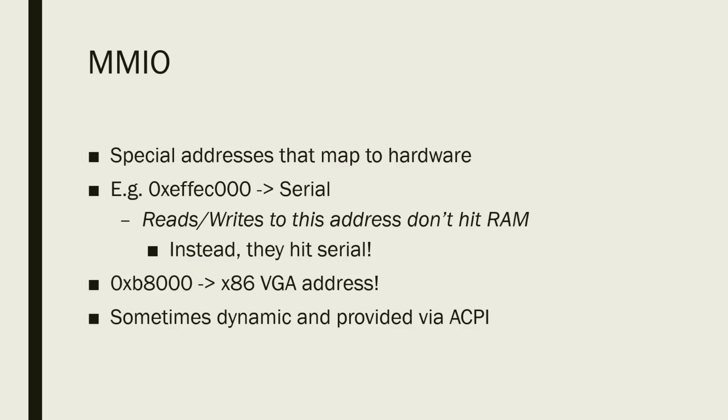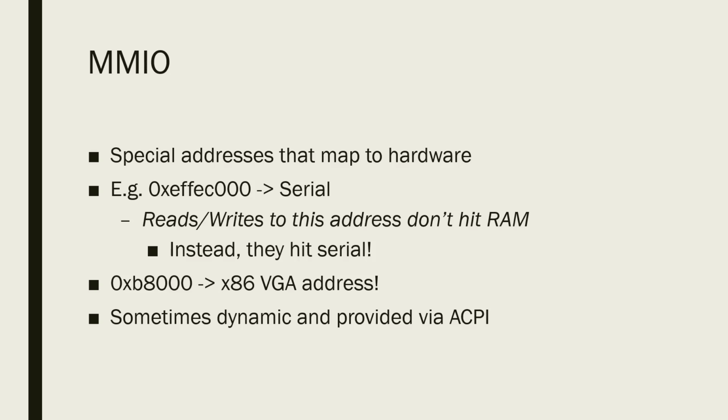It's going to go to the serial device. And likewise, the address 0xB8000 is the address of x86 VGA, which means if you write to that address or offsets to that address, you could actually be talking to the VGA controller instead of actual memory.